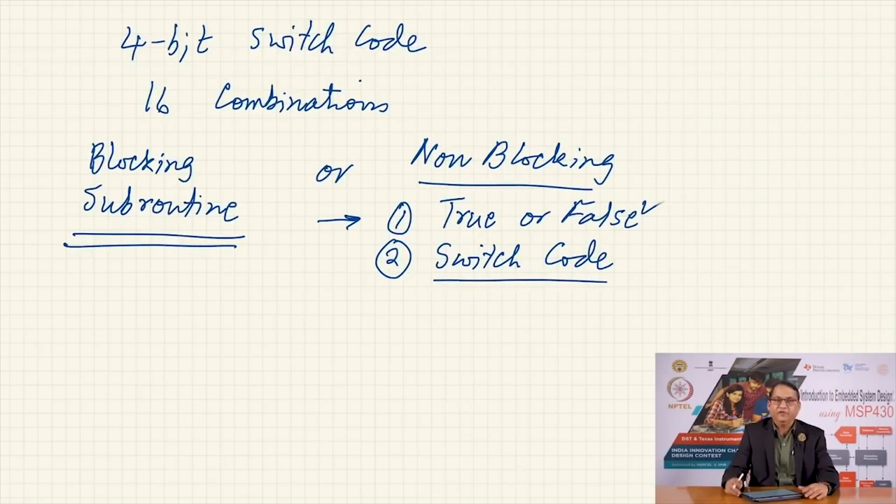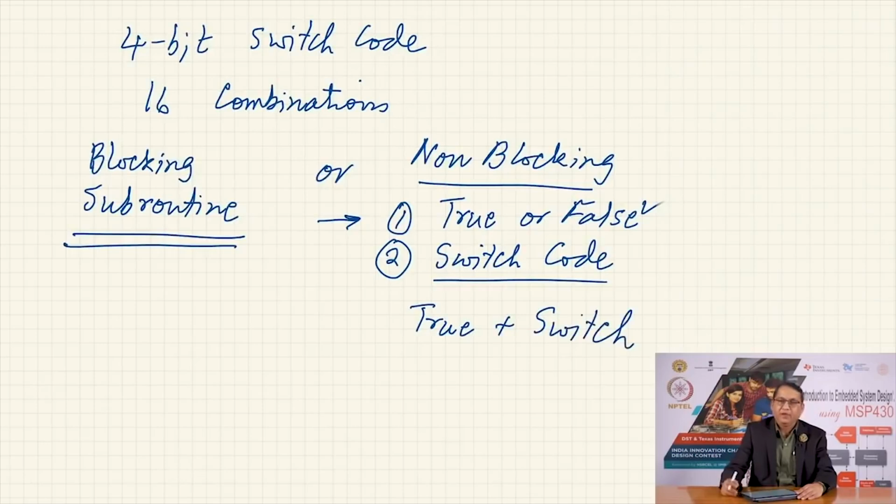On the other hand, if during the default time, that is the time for which the subroutine is going to wait for the switches, which we call the timeout period, a user presses a switch, then after it has detected which switch was pressed, the subroutine will return true, that is the true or false value equal to true, plus the switch code.